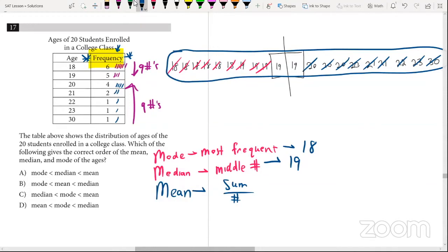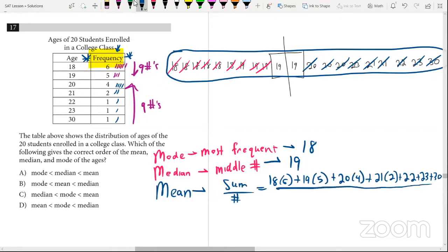But the way to do that a little quicker is, instead of adding 18 6 times, I'm going to say 18 times 6 plus 19 times 5. So you're multiplying the value with its frequency. 20 times 4 plus 21 times 2, 22, 23, and 30. And when you do that, you get 400 divided by 20. And so the mean is 20.